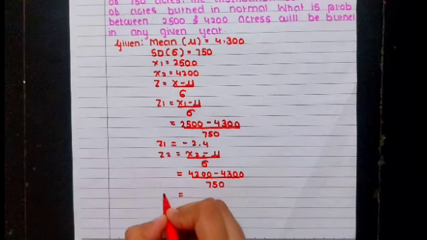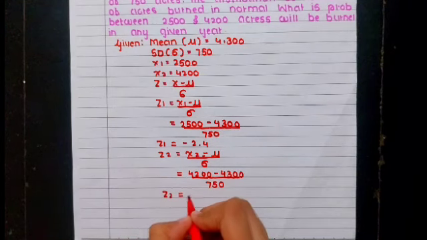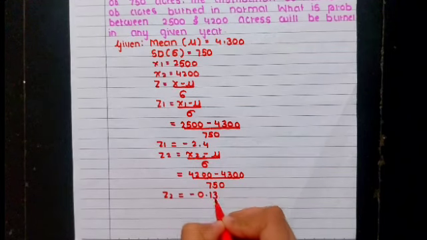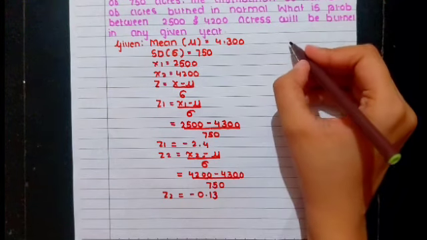After solving this calculation, we get the answer as minus 0.13, which is the value of our z2. We will represent this in the form of a figure, so we will know the range in which we have to find our normal distribution.